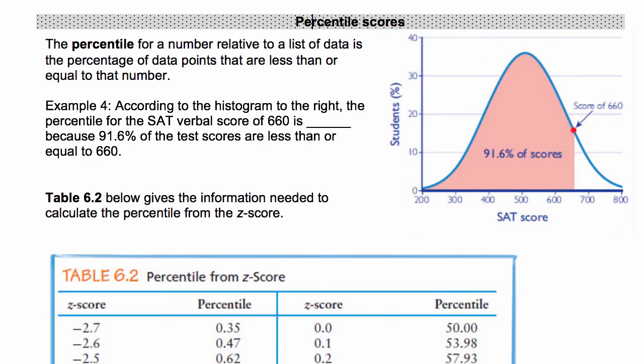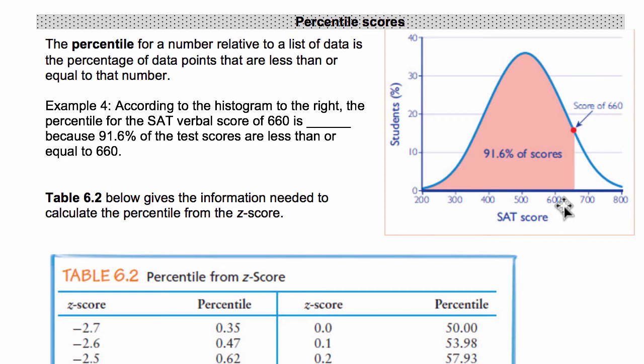Recall that in a previous section we discussed quartiles. There's a more general term, percentile, that tells how a data point is positioned in relation to other data points in a normal distribution. The percentile for a number relative to a list of data is the percentage of data points that are less than or equal to that number.